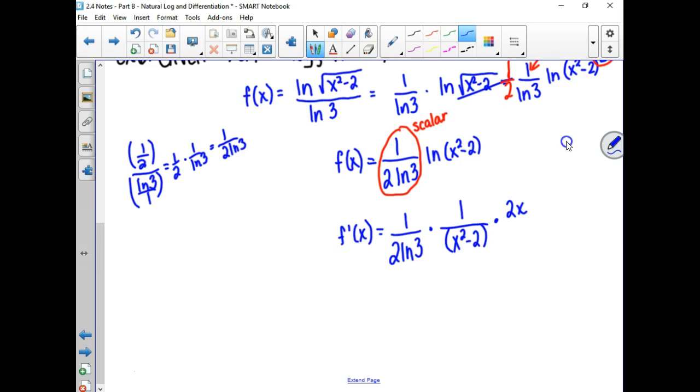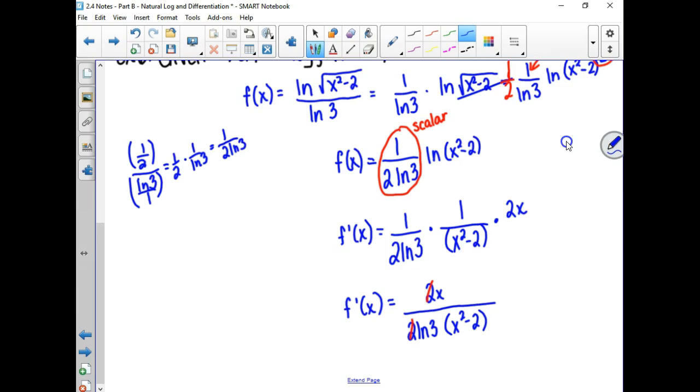Okay, is everybody with me here? Alright, so now we just need to simplify a little bit. There's not a whole lot that we can do, but this will be 2x over 2 natural log of 3 times x squared minus 2. And we could cancel those 2's.